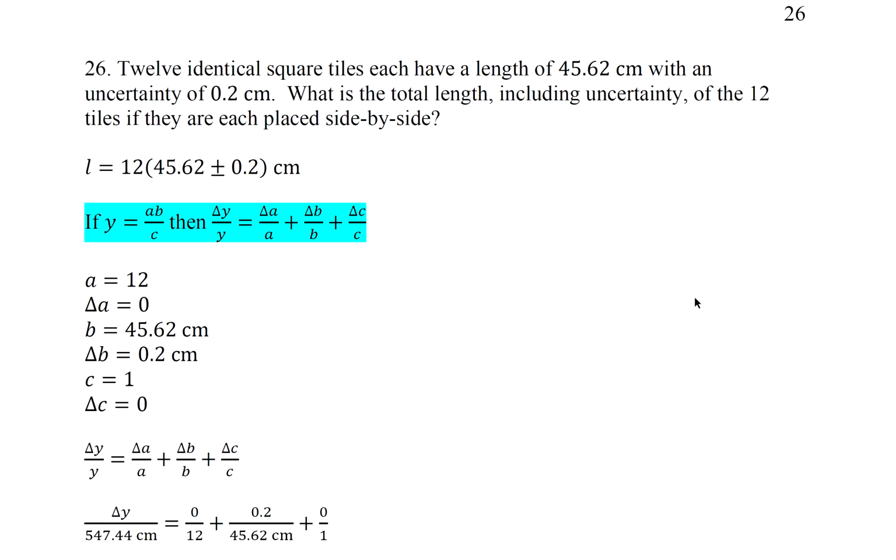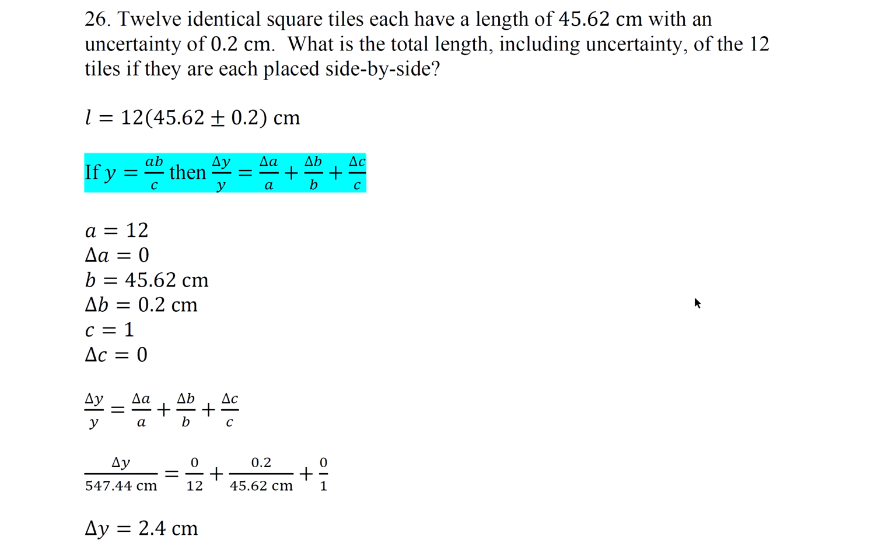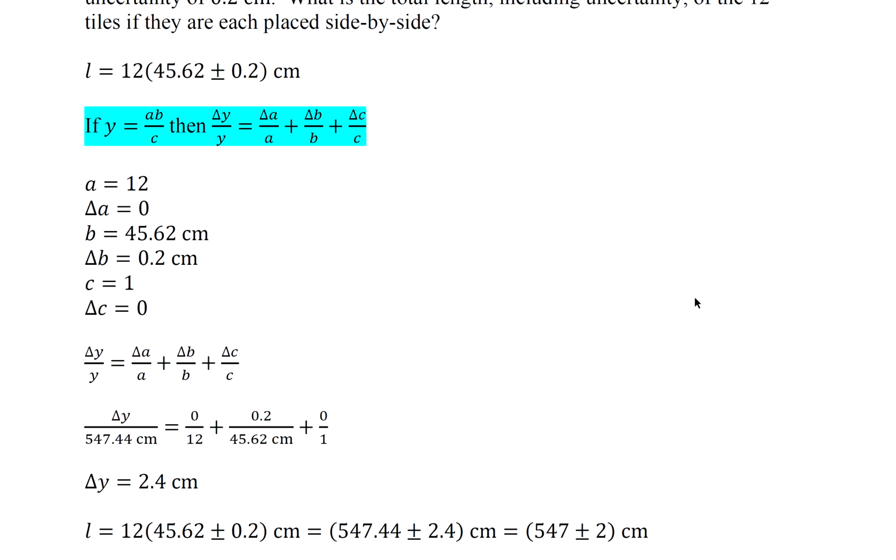We notice that we are multiplying. 12 has an uncertainty of 0. So essentially we're just doing 12 times 45.62 to solve for y, and then we solve for delta y.